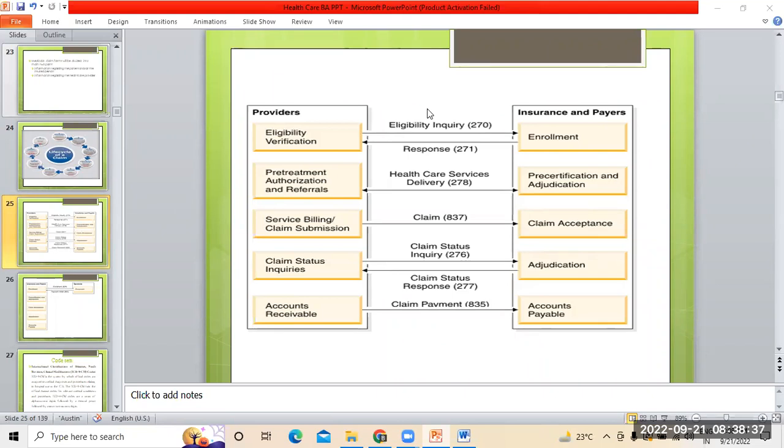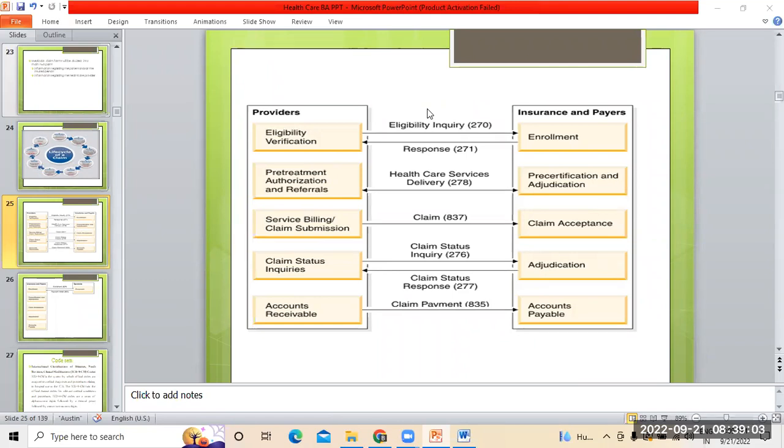It's not a big deal. So the eligibility inquiry request is sent on 270, and the response from the insurance company to the providers uses the code number 271. Inquiry 270, response from the insurance payer to the provider is 271.